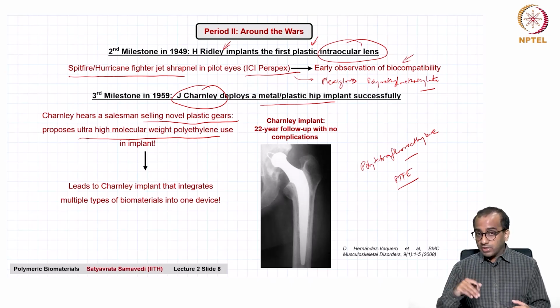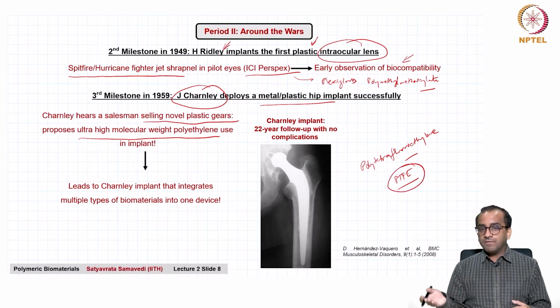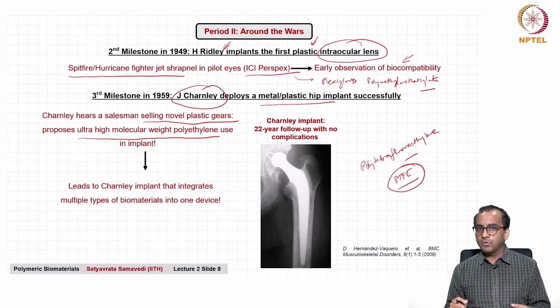He had already tested PTFE, but PTFE had failed quite badly and performed very poorly because it was leading to a lot of wear at these articulating surfaces, and that led to a lot of debris coming out, and that is not something you would want in the implant at all.